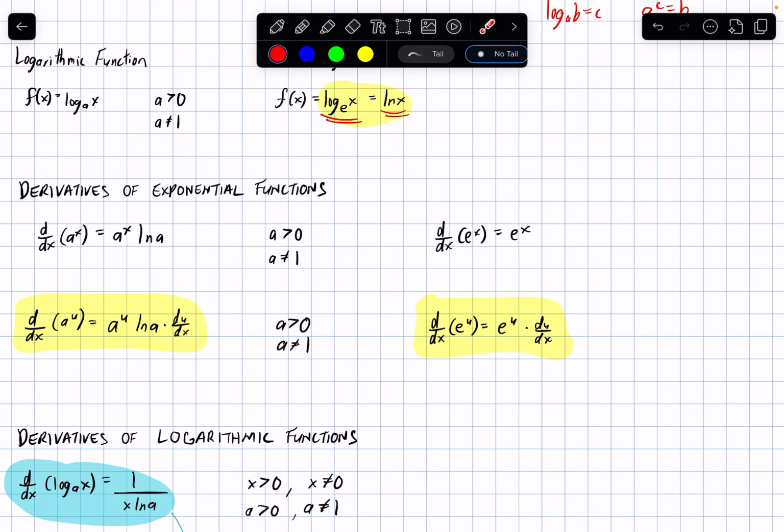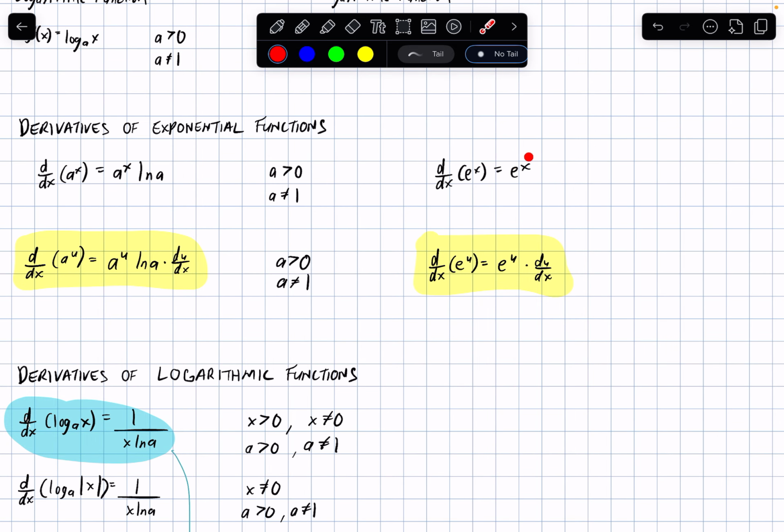We'll see. For the next one here, the derivative of e raised to x, I've mentioned this in the previous video. It's the same. It's just e raised to x anyways. And the derivative of e raised to u, well, it's the same concept, but you just multiply it with the derivative of your exponent, which is u.